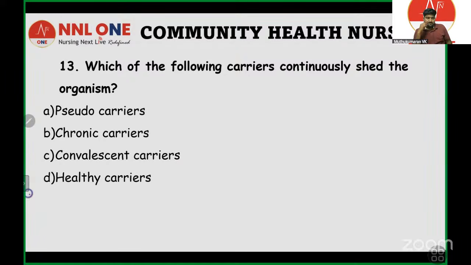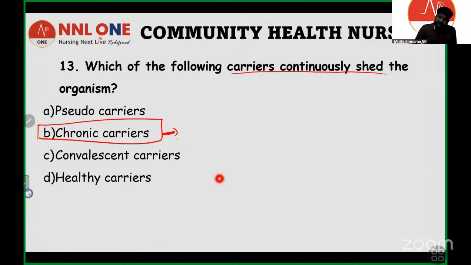So now the carriers continuously shed the organism. If the word continuously comes, then it is chronic carriers. Sir, what about the pseudo carriers? What about the convalescent carrier? What about the healthy carriers here? So first you have to learn what chronic carriers are. They will excrete the organism for indefinite periods.